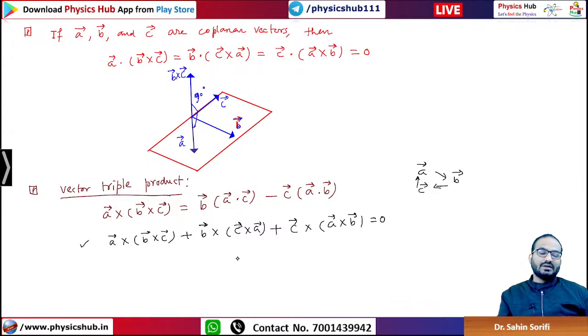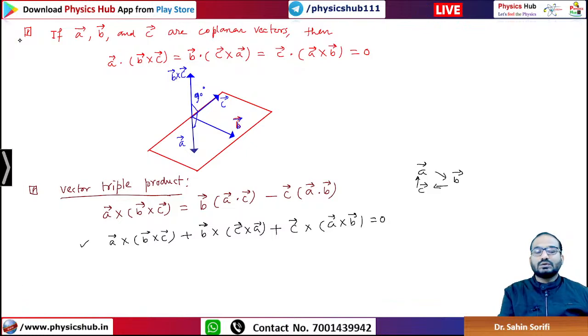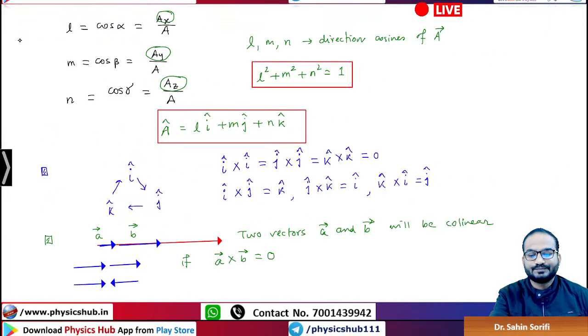The sum of these vector triple products will be 0. Okay, so the theory part is done. Let us now quickly go to some simple problems so that you understand the thing more clearly.